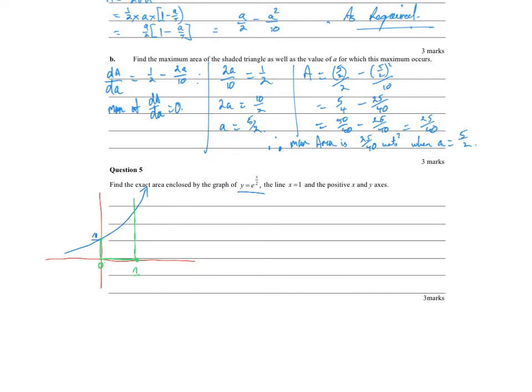So area under a curve, integral from 0 to 1 of f of x dx. So that's what it is. So let's work that out. Antiderivative of e to the kx is 1 on k. So I get 1 on k, which is 1 on a half, times e to the half x between 1 and 0. 1 on a half is 2.